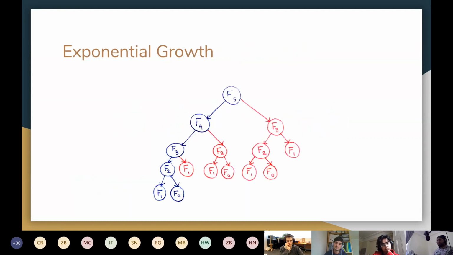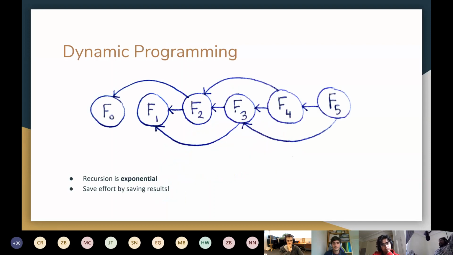And so rather than having a massive growing exponential tree, I can just save my work when I got there the first time and use it in these other places. This core insight of finding a way to describe all of the relevant information and save it is called dynamic programming. And if this seems like too simple an idea to be spending this much time on, yeah, you get the idea. It's pretty simple, but makes a really, really big difference.